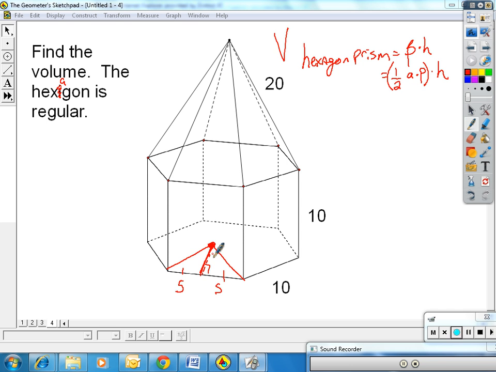That leaves this a 30-degree angle. So that makes this 60 degrees, right? So 30, 60, 90. So this is my short leg. That makes my hypotenuse 10, and it makes my long leg 5√3.